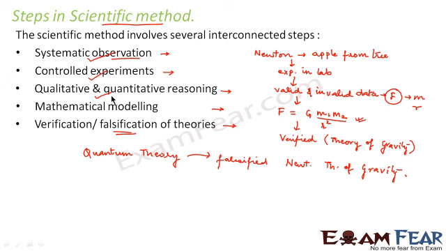While performing experiments, you have to use all varieties of data to prove something. The fourth is mathematical modeling. You have to give a mathematical expression for whatever you conclude. And finally is the verification of the theory or the falsification of some earlier theory. So I hope the steps are very clear to you now.